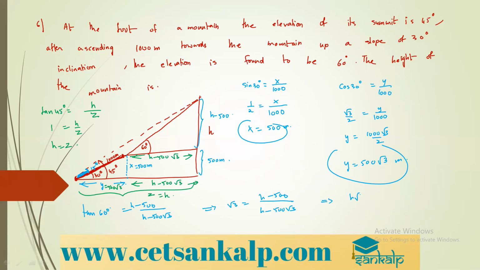We can write H root 3 minus 1500 equal to H minus 500. Or H root 3 minus H equal to 1500 minus 500. Or H into root 3 minus 1 equal to 1000. Or H will be equal to 1000 by root 3 minus 1.